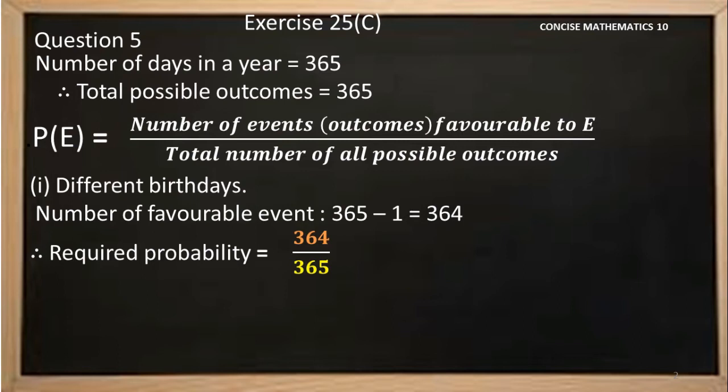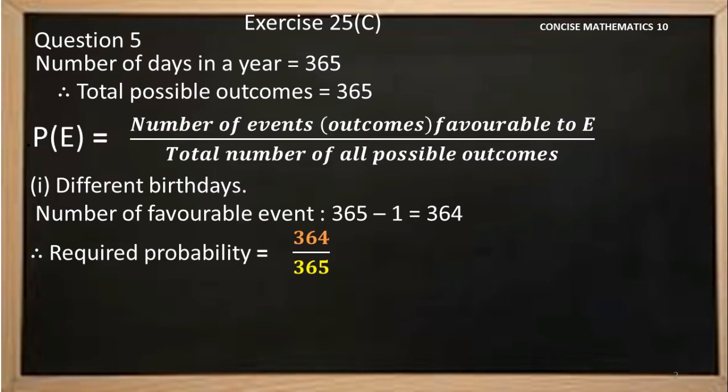See, as it is not mentioned which is A or B, let us consider the persons named A and B. Now you have A, you have B. Total number of days is equal to 365. If among 365 days, one day is taken for A as his birthday, then the total number of days remaining is 364.